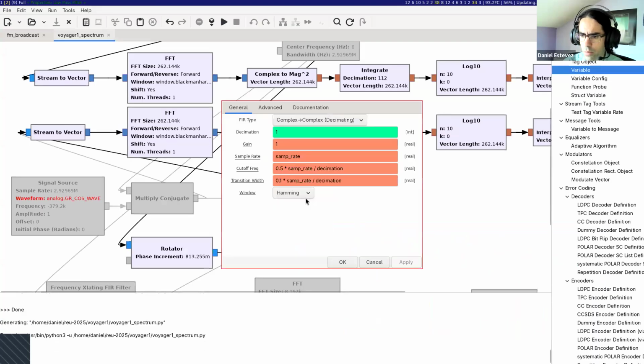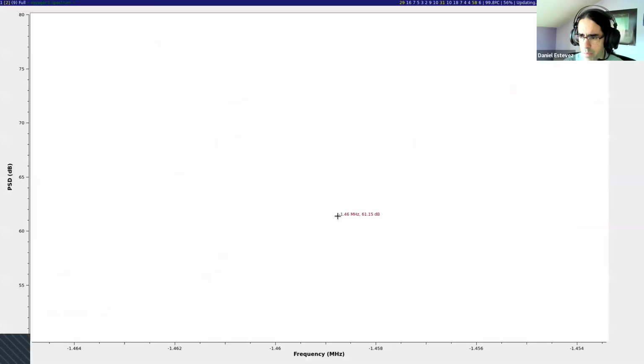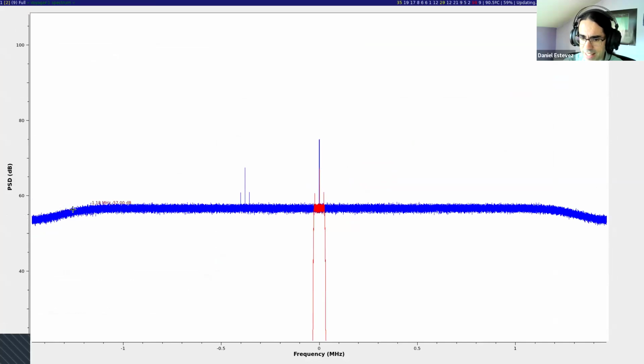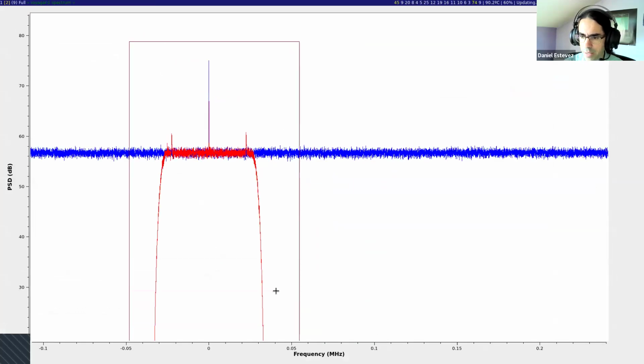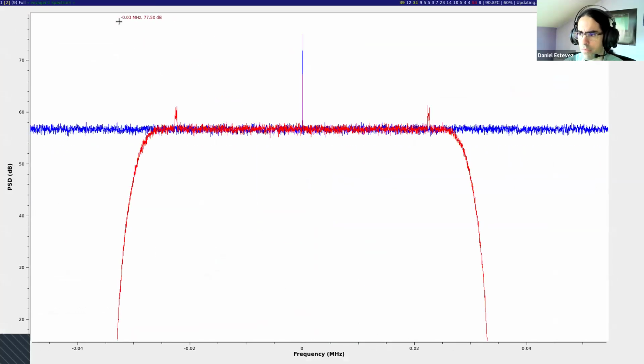A good ballpark value is 0.1 times the new sample rate, which means that this part of the spectrum, like these edges, is because of the same thing. The channelizer that was used at Green Bank Telescope also has an FIR filter, which has this transition because it cannot be perfect. It can have a certain number of coefficients, probably not very many, since it runs on an FPGA, I think.